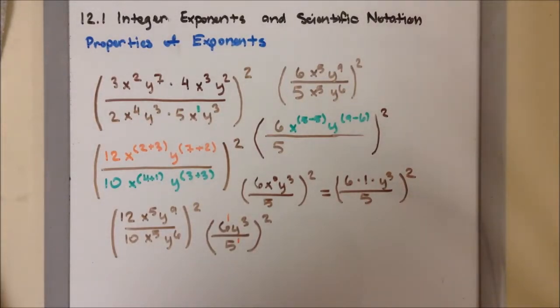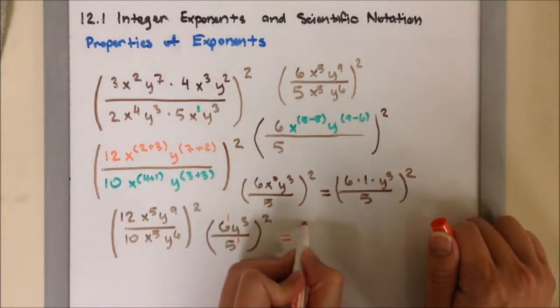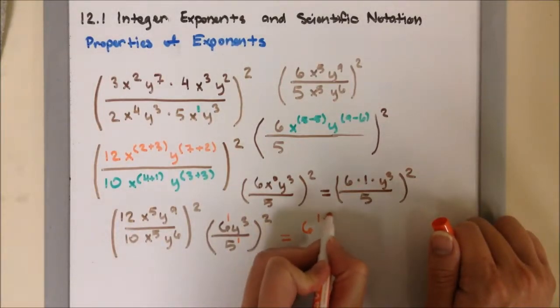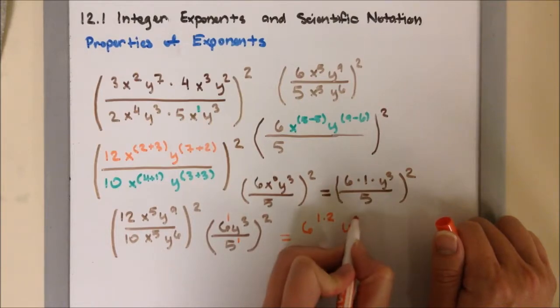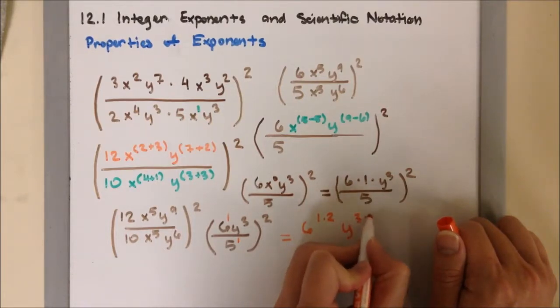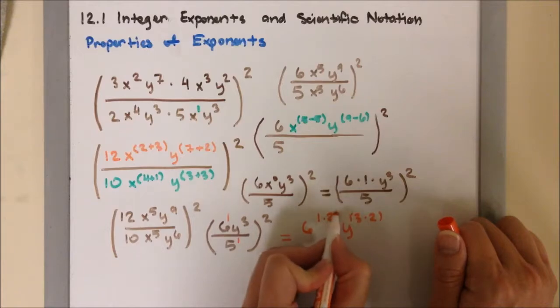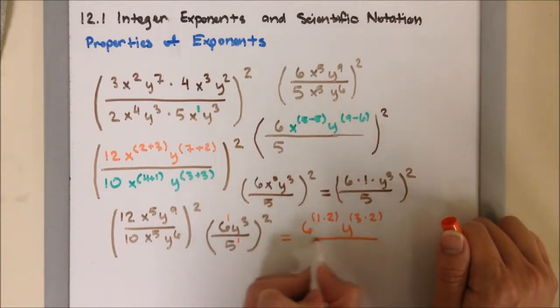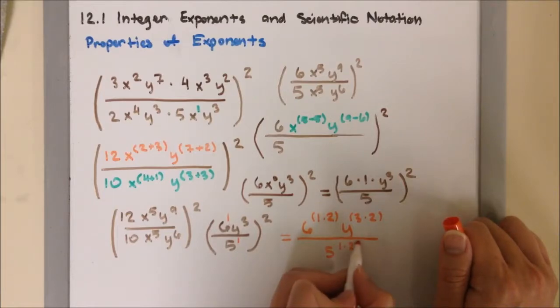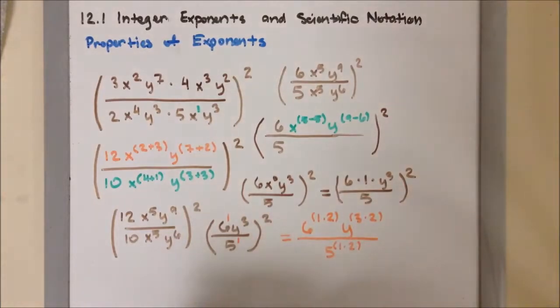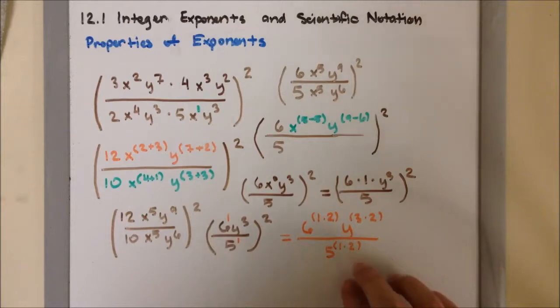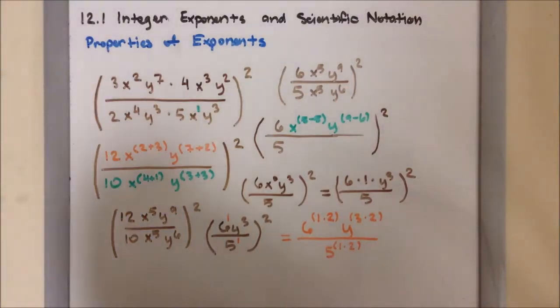So what you're going to have is 6 to the power of 1 times 2, y to the power of 3 times 2, and that's my numerator, and my denominator will be 5 to the power of 1 times 2. Alright, I'm going to erase to make more room, but we're going to continue from here.